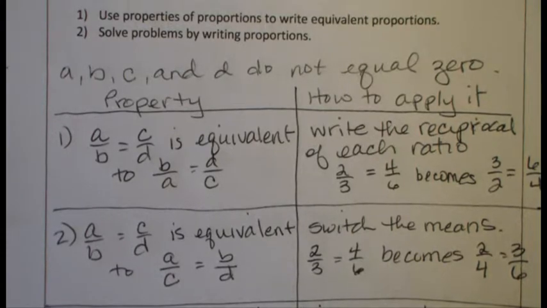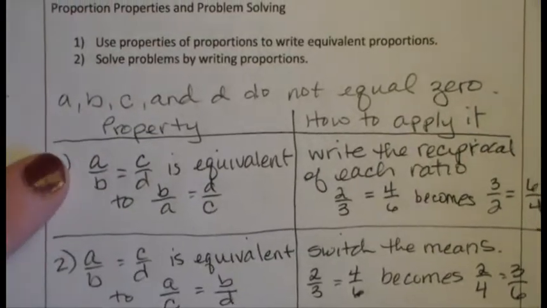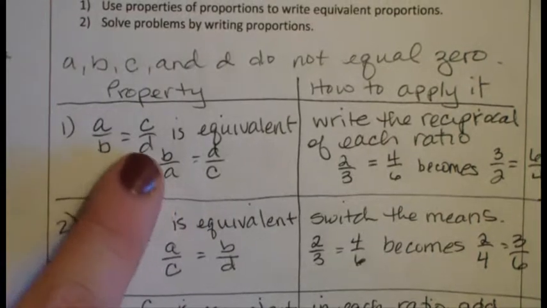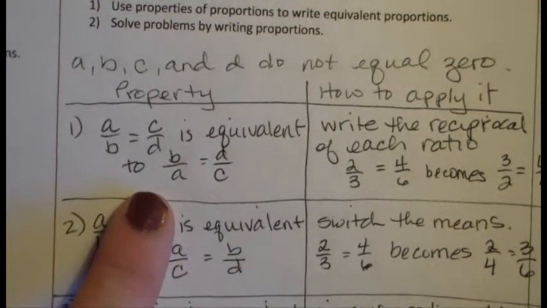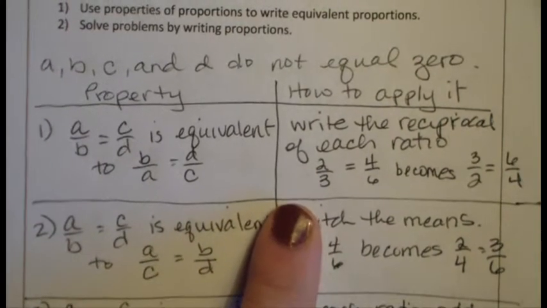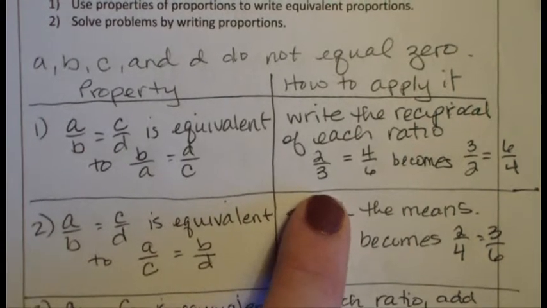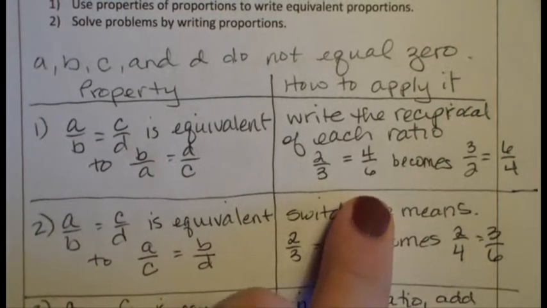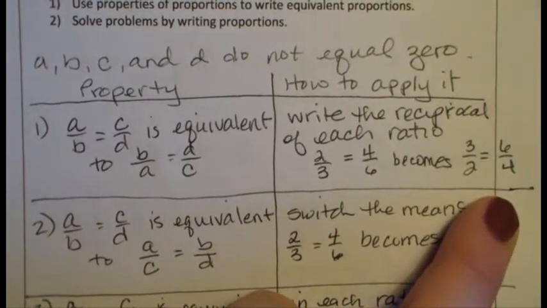Our first property, property of proportions 1, says that the proportion A over B equals C over D is equivalent to B over A equals D over C. All you need to do is write the reciprocal for each ratio. So the proportion 2 over 3 equals 4 over 6 is equivalent to 3 over 2 equals 6 over 4.